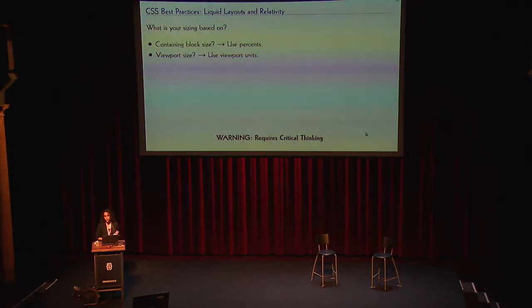Maybe I'm basing it on the viewport size, like the text at the top here, which is in viewport height units because I wanted it to take a certain percentage of the height of the slide. I didn't want it relative to the width of the slide, because if I made it narrow, it would stay that way. So if it's relative to the viewport size, use viewport units.